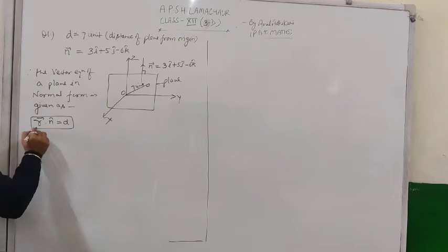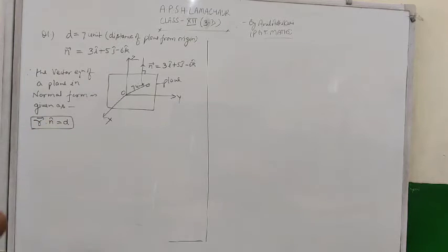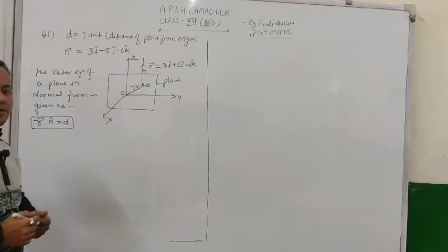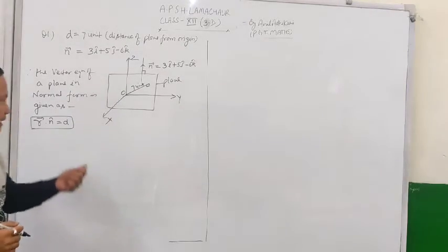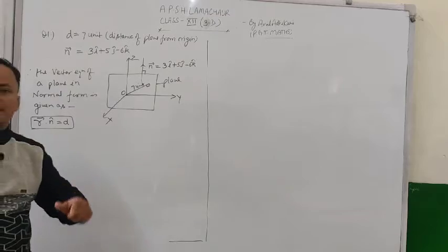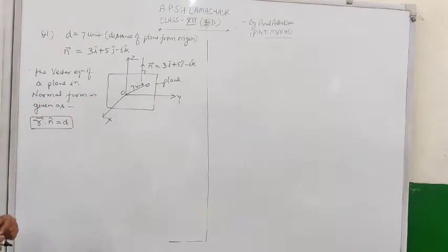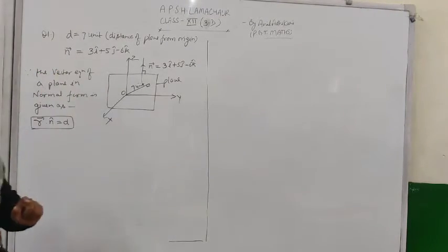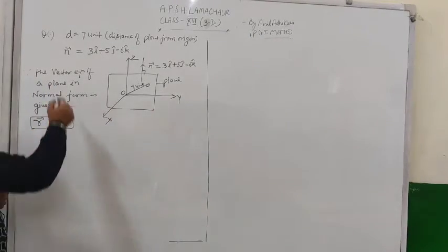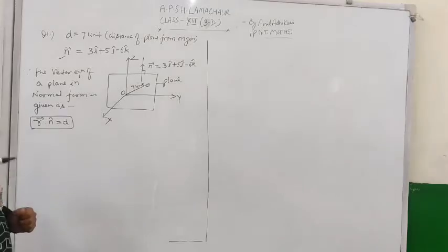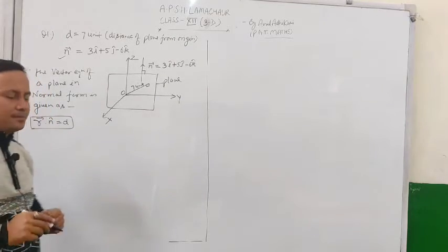This is the vector equation of a plane having d as the distance from the origin and n cap as the unit normal vector. So dear student, here we have been given the n vector, but we need to find n cap. It means we have been given the normal vector, but we need to find the normal unit vector.